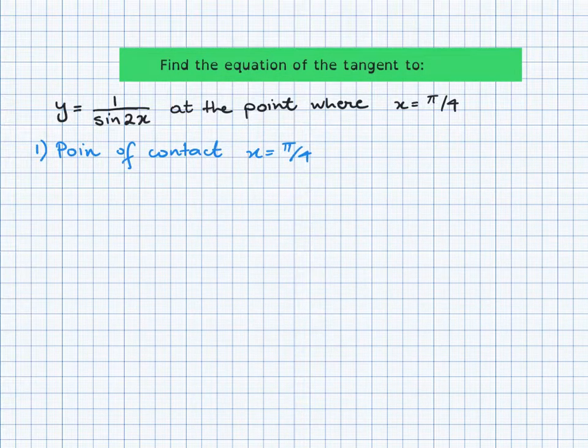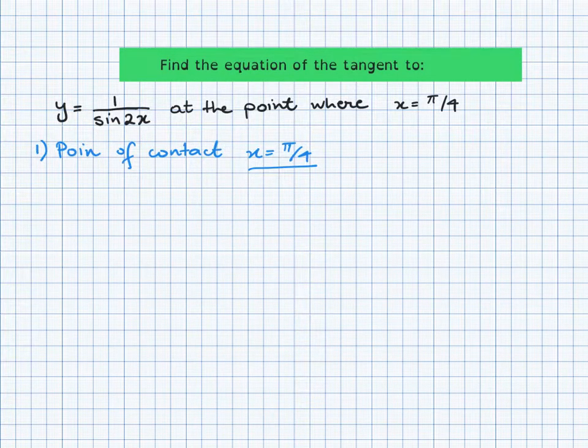We're going to substitute the value of x equals pi over 4 into our equation y equals 1 over sin 2x. So instead of x, we replace x with pi over 4.